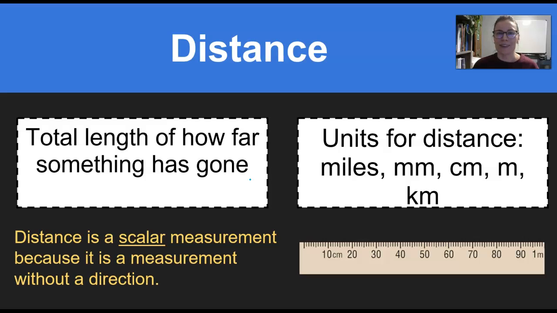The units for distance are things that you recognize like miles, but also metric units, and these are the abbreviations for some metric units here, like the millimeter, the centimeter, the meter, and the kilometer. Distance is a scalar measurement. Scalar is one of those vocabulary terms that you defined last week. It means that it's a measurement that doesn't have a direction. It's just a length.